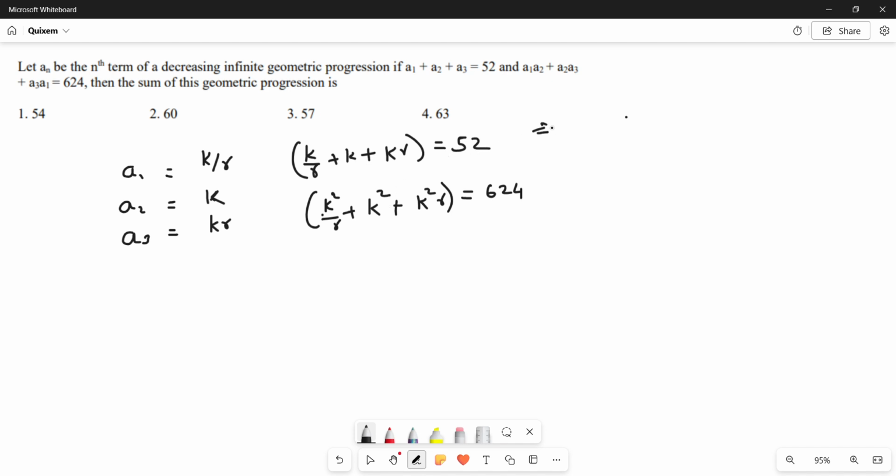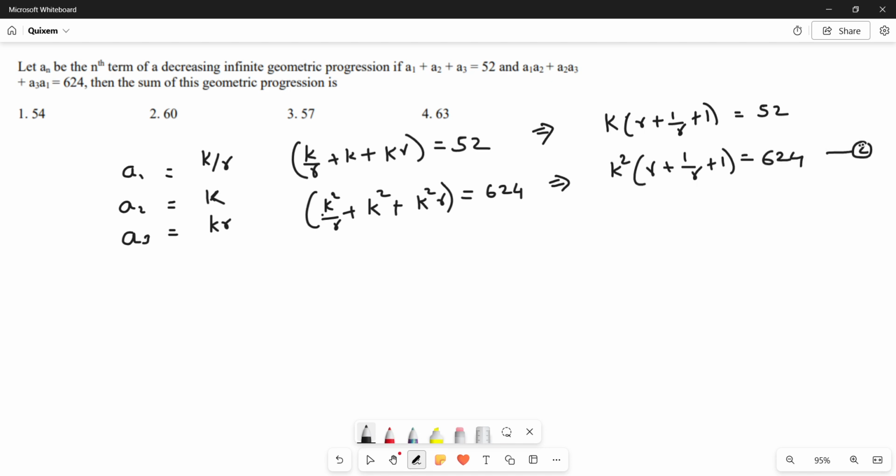So let's take k common here: k into (r plus 1 by r plus 1) equals 52. Here also we have k square common. Let's take the k square out, and this will also give us (r plus 1 by r plus 1) equals 624. Let's call this equation 2, and let's call the other equation 1.